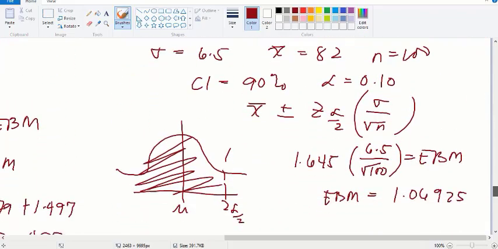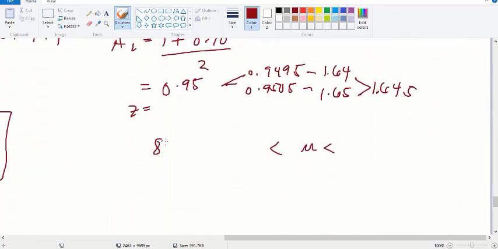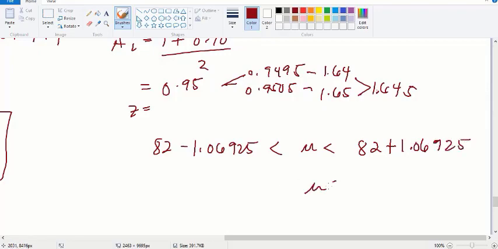Okay, so para makuha natin yung interval, it would be, ano nga yung mean, 82, no? Okay, sample mean is 82. So, 82 minus 1.06925, and then 82 plus 1.06925. So, this one is 83.06925. Ang kabila naman, 82 minus 1.06925 is 80.93075.